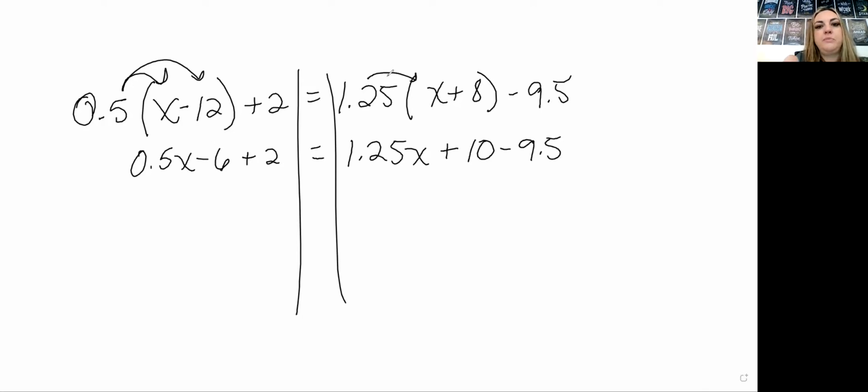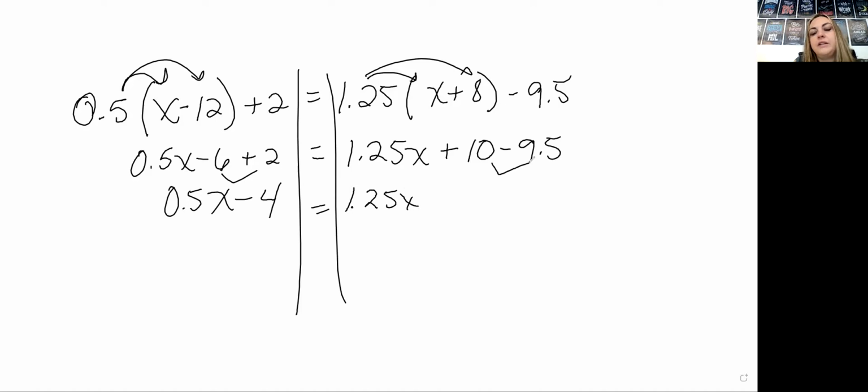So we distributed both times and rewrote it. Now we want to look at combining like terms. Well, I can put -6 and 2 together to get -4, and I bring down my 1/2 x. And over here, we can put together the 10 and the -9½, and that's going to give us 1/2.